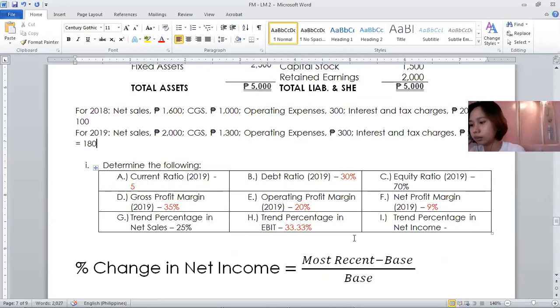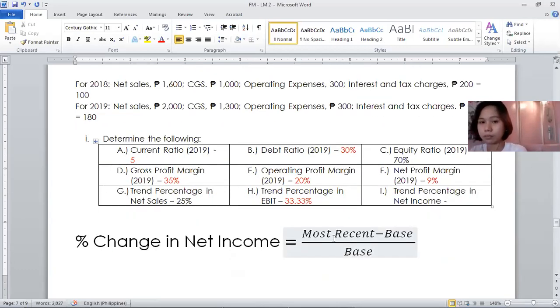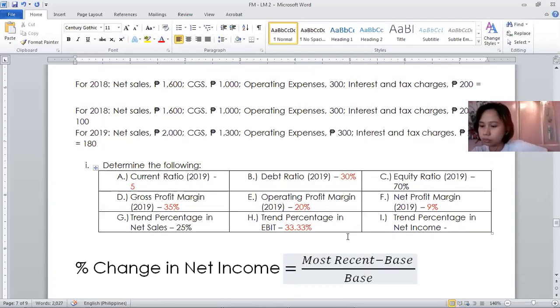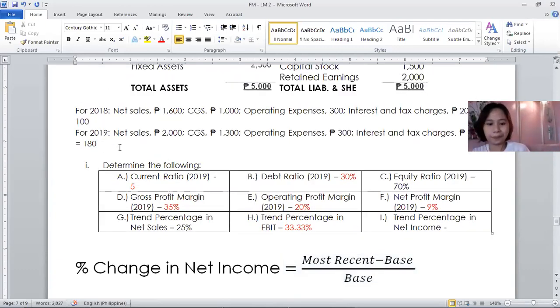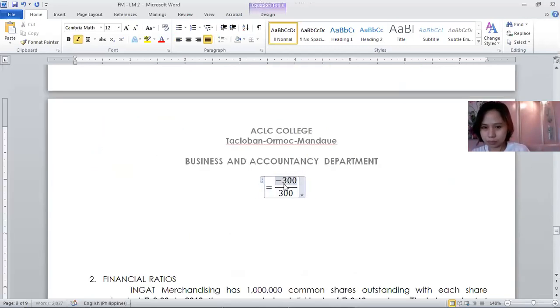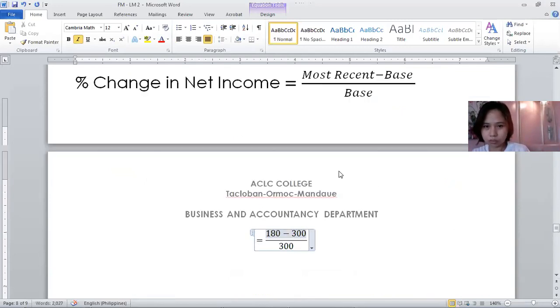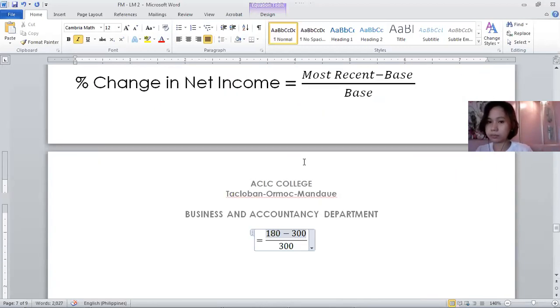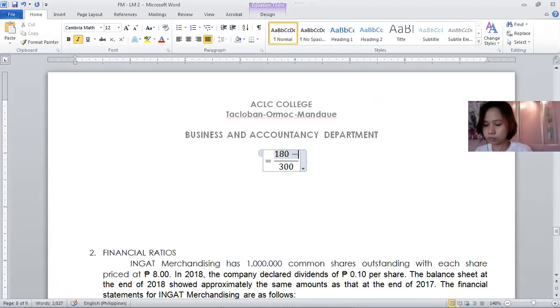So what we're looking for here is the percentage change in net income. The most recent value will be 180. So we have to substitute 180 here, less the last year's value of net income, which is 100, divided by the base, which is 100.